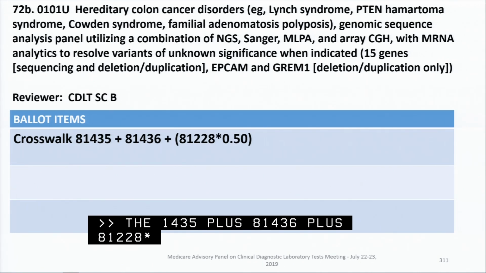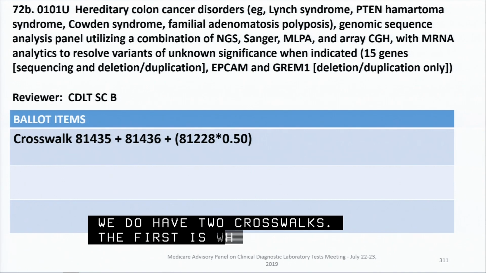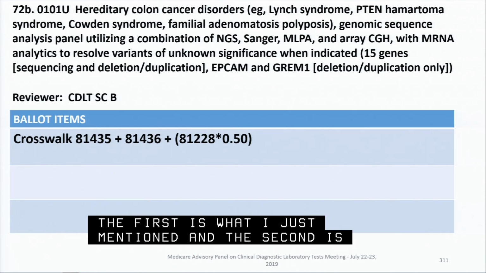Dr. Chappelle is correct. We do have 2 crosswalk recommendations. The first is the one I just mentioned, and the second crosswalk is 81435 plus 81436 only.